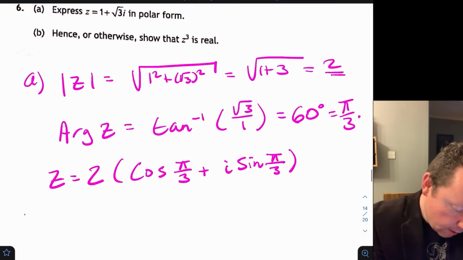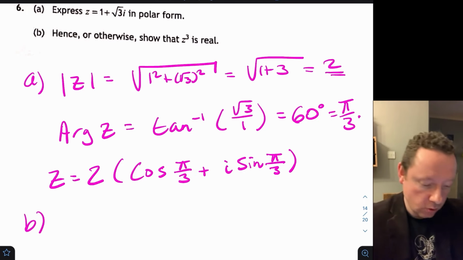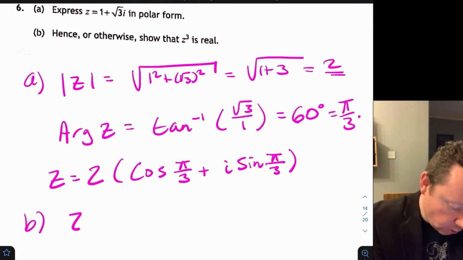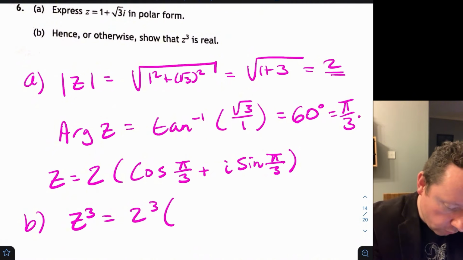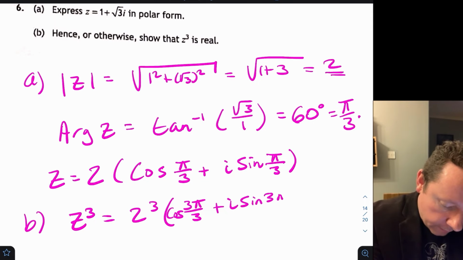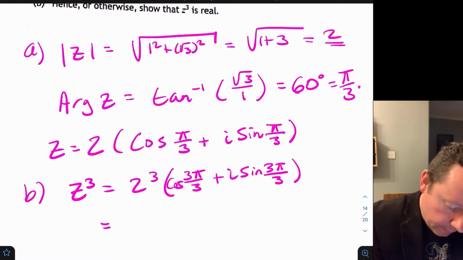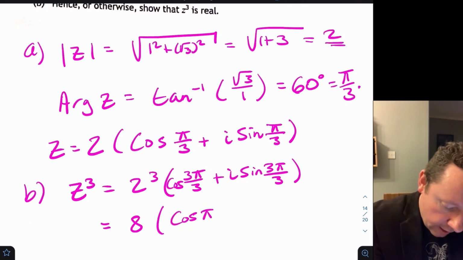Part B, hence or otherwise show that z cubed is real. So z cubed, we can use De Moivre's theorem for this. That's going to be 2 cubed times the cos of 3 pi over 3 plus i sine 3 pi over 3. Well, 2 cubed is 8. Cos of 3 pi over 3 is just the cos of pi plus i sine of pi.